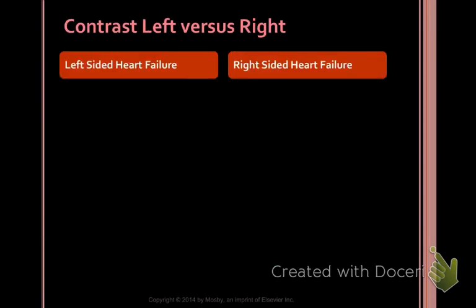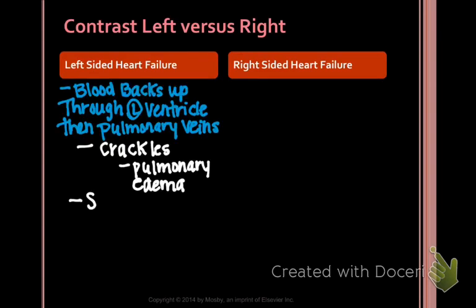Let's just contrast left versus right. Again, I know I'm doing a lot of repeating here, but I think it gets confusing for some people, so I like to do a contrast. With left-sided, blood backs up through the left ventricle, then the pulmonary veins.